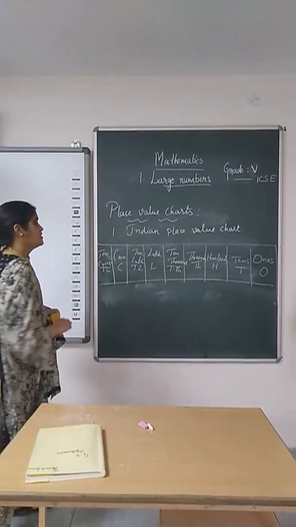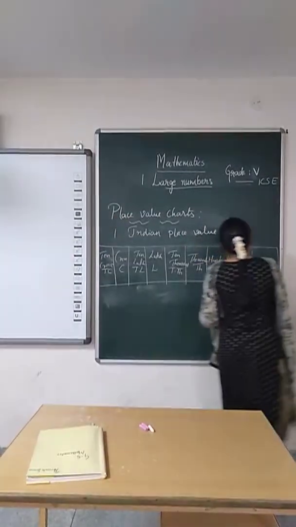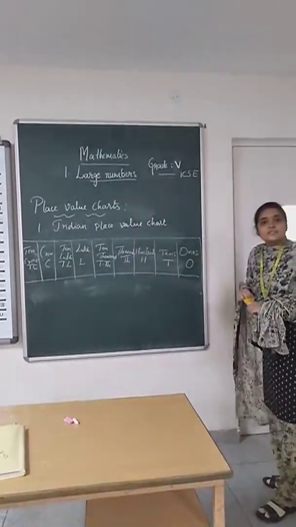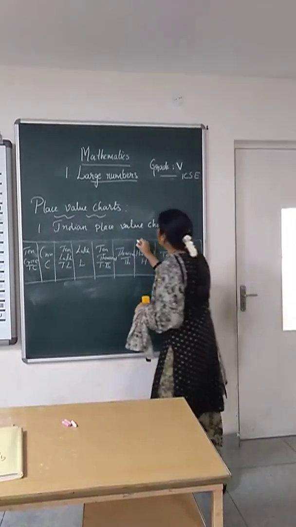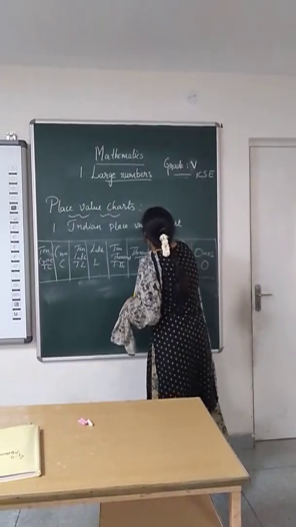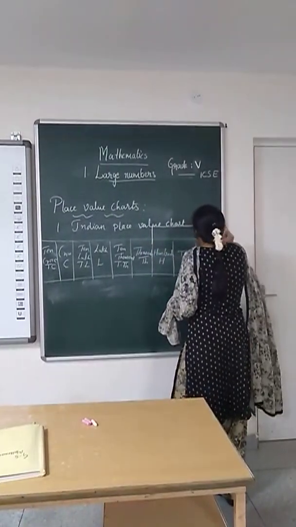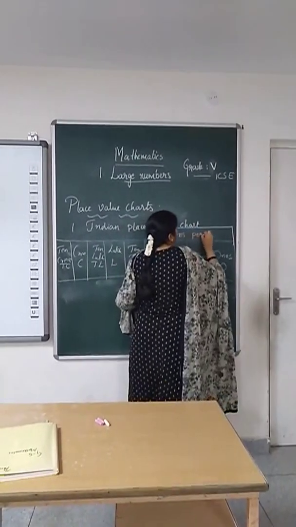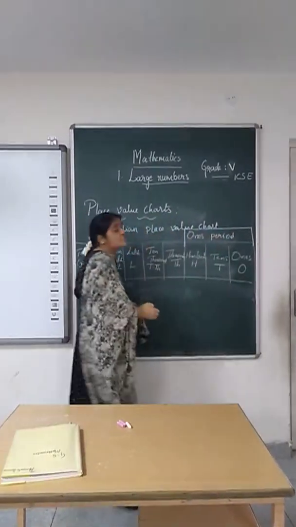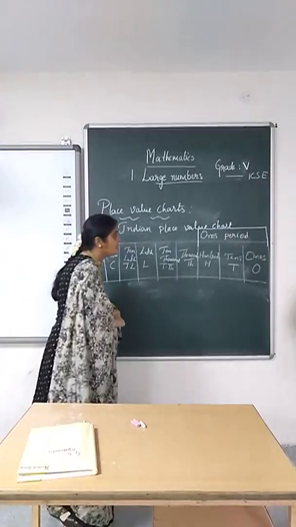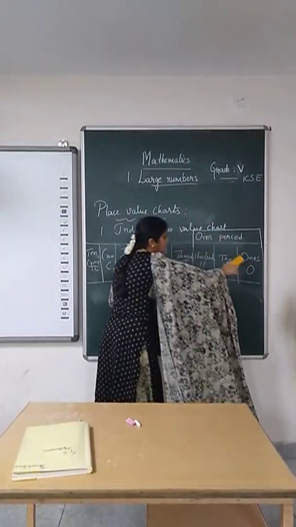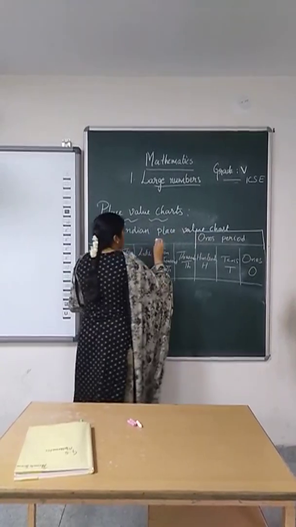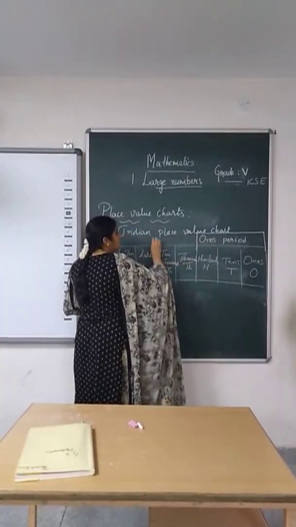If you observe this, children, ones, tens, hundreds, these are all the places. These places have been grouped under periods. We call it as ones period. So, which are all the places that are there in ones period? You will be having ones, tens, hundreds in ones period. Then this is 1000 and 10,000.